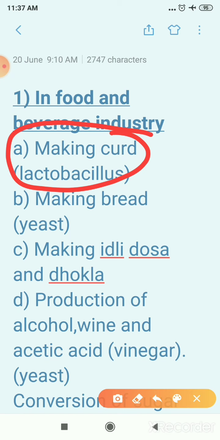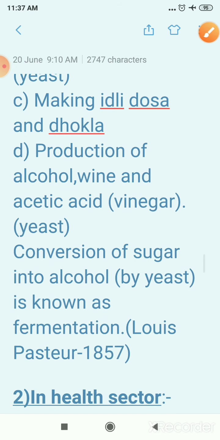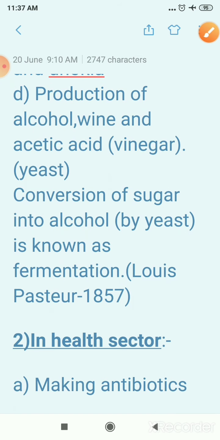Production of alcohol, wine and acetic acid. Yeast is used. There is a term called fermentation. What is fermentation? Conversion of sugar present in food items by these microbes.